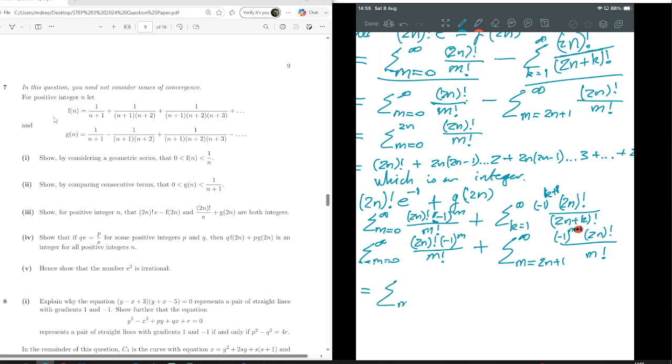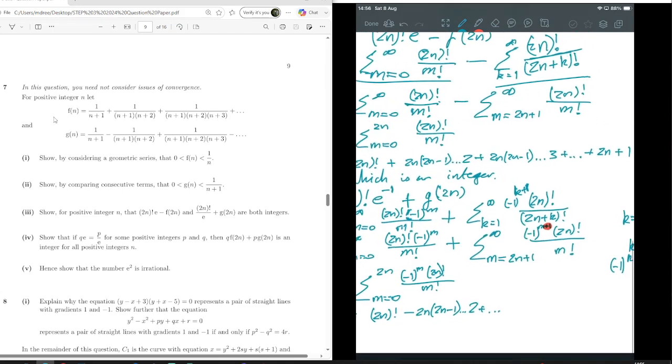This is now going to be the sum from m equals 0 up to 2n of this thing over m factorial, which is 2n factorial minus the next term plus, sorry, that term is going to terminate at a different point, down to 2 plus, etc. And eventually we'll get down to the end.